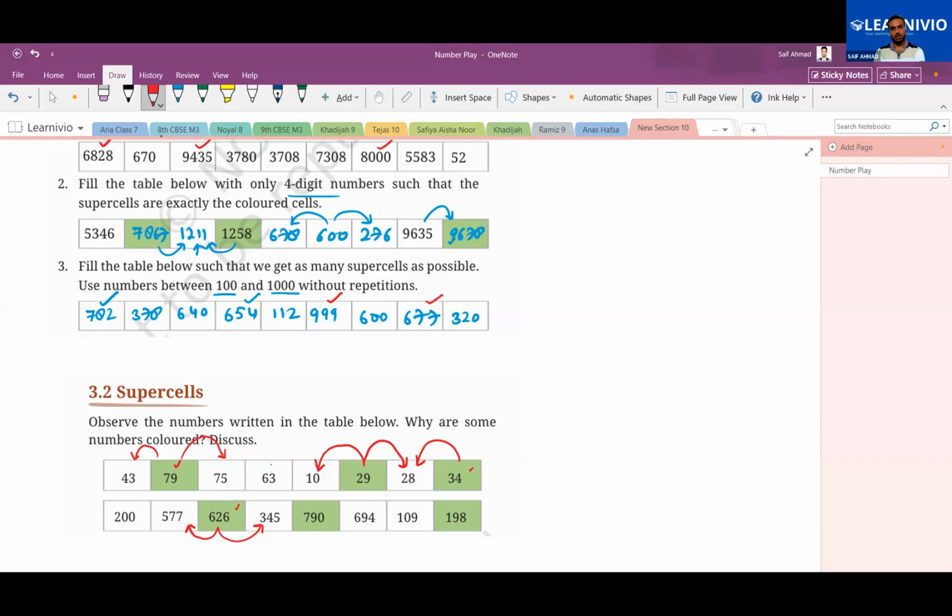But you can use a larger number here. You can use a larger number here.